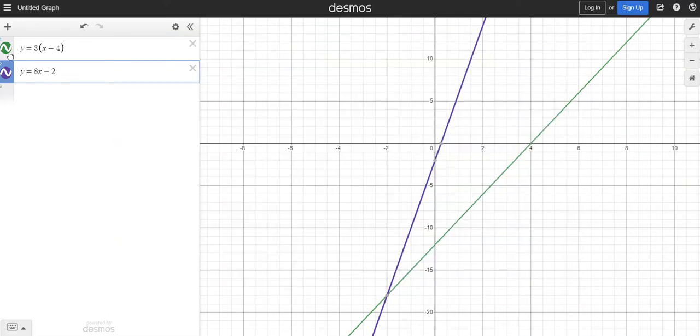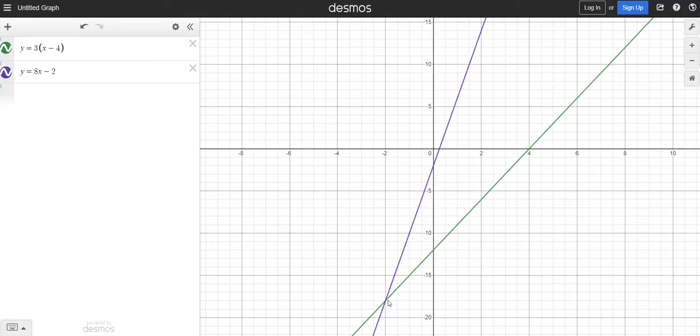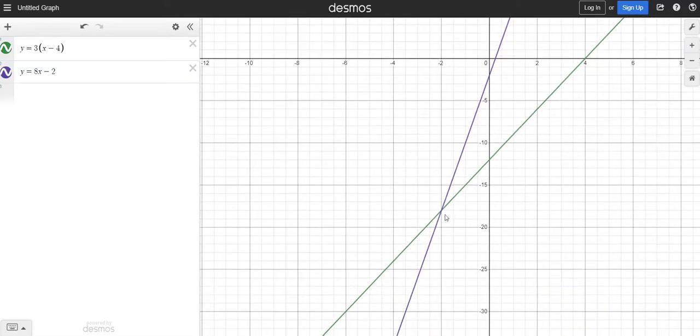On my graph, that means I want the green to be smaller than the blue. That's true over here, right? Green is smaller than blue. Once I get past negative 2, once I get bigger than negative 2. So from negative 2 on out to infinity, that will be true.